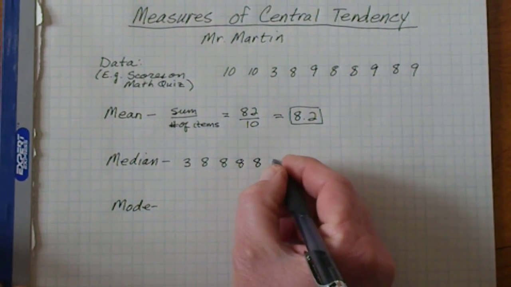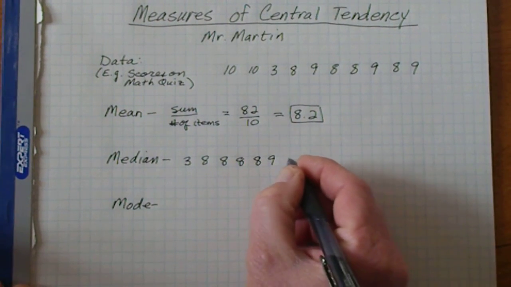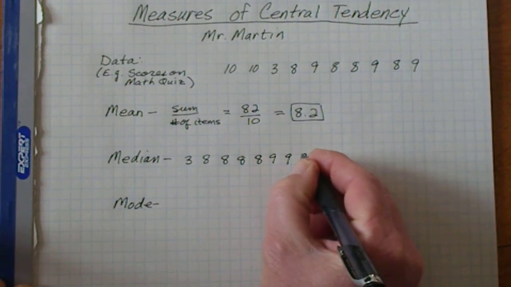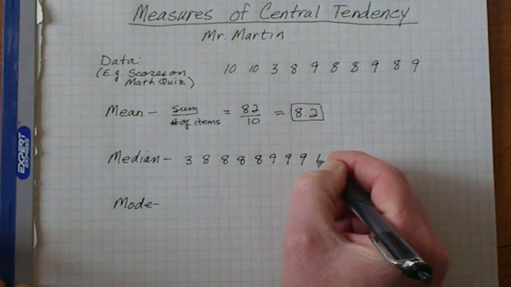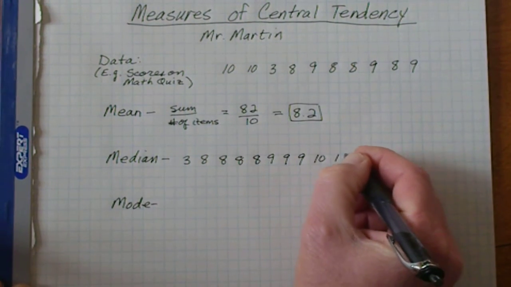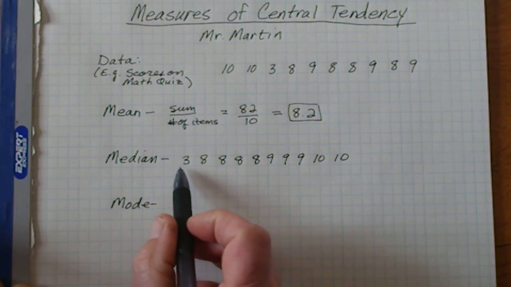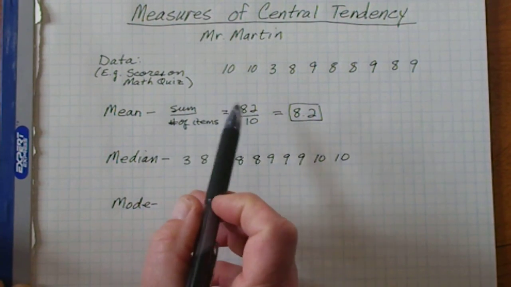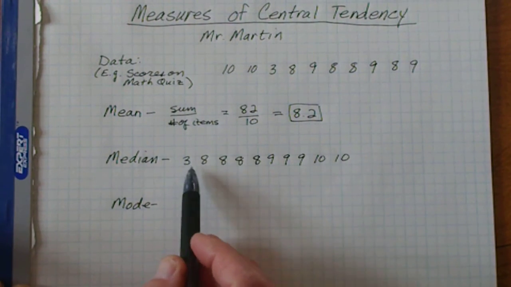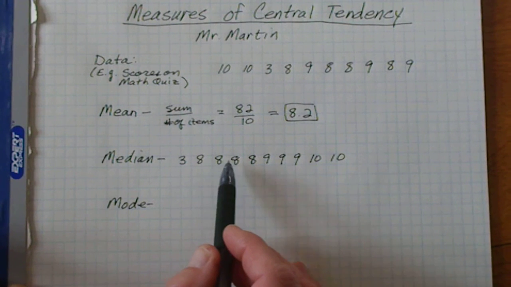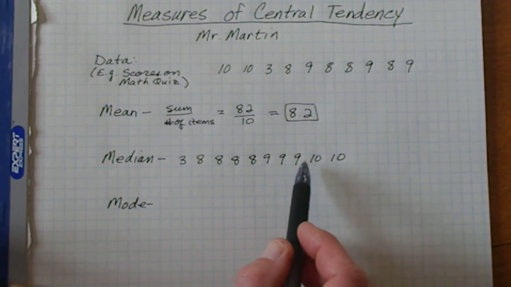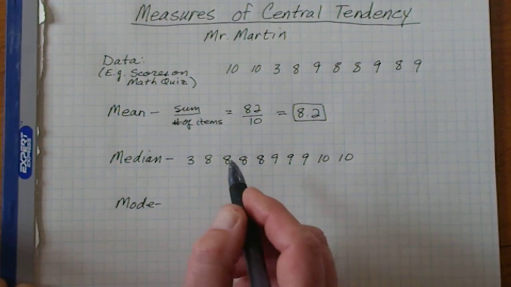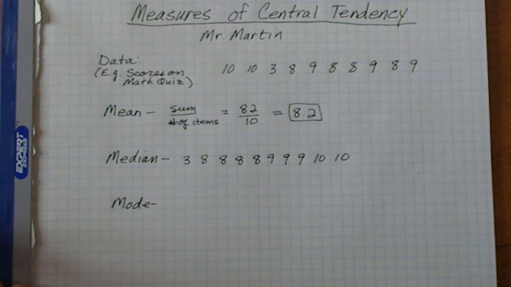Then I have three 9s, and then two 10s. I'm putting them in order from least to highest, and I'll count them to make sure I have them all: 10. Good.